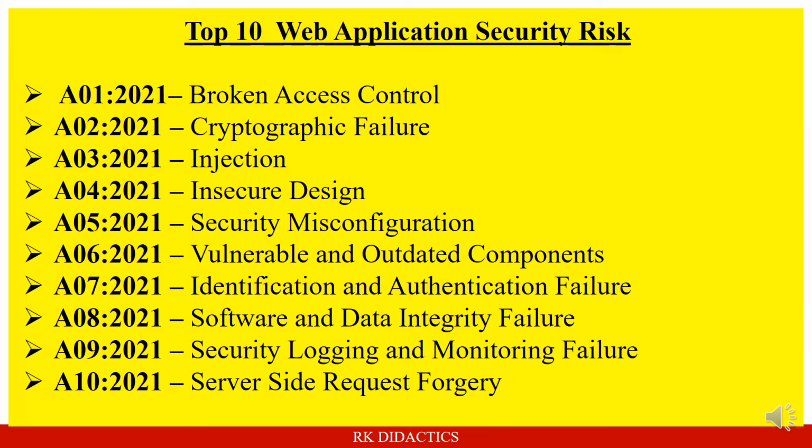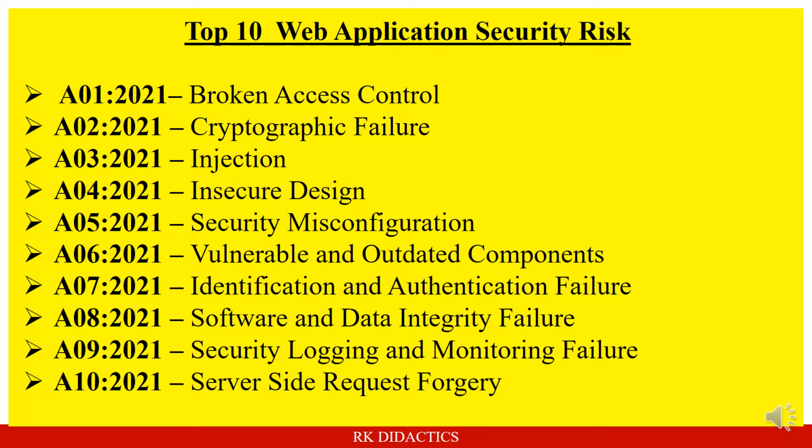So what are these top 10 web application security risks? The first risk is broken access control. Second risk is cryptographic failure. Third risk is injection. Fourth risk is insecure design. Fifth risk is security misconfiguration.